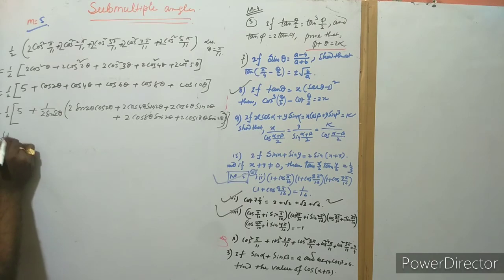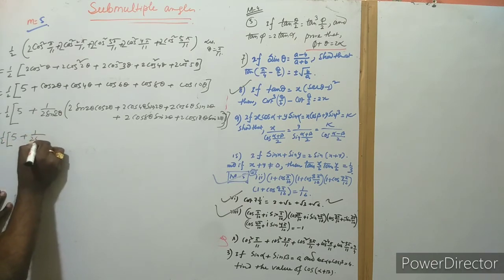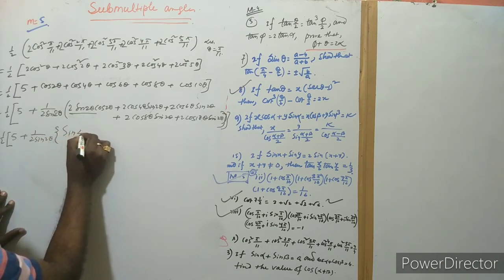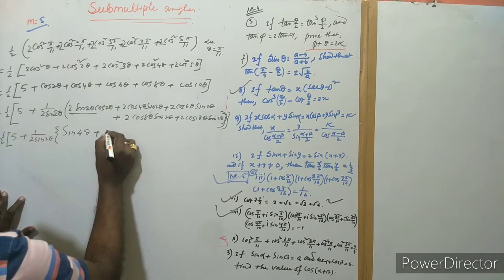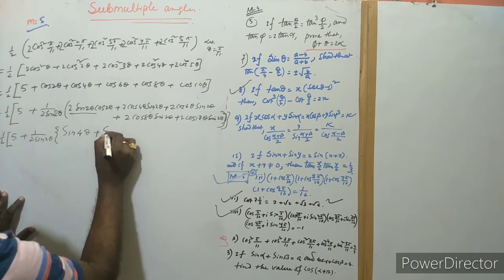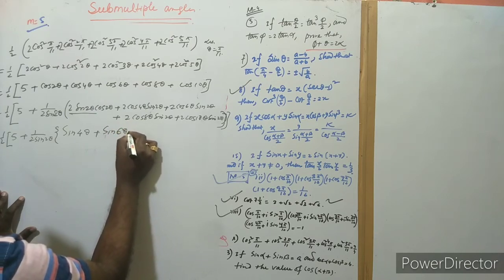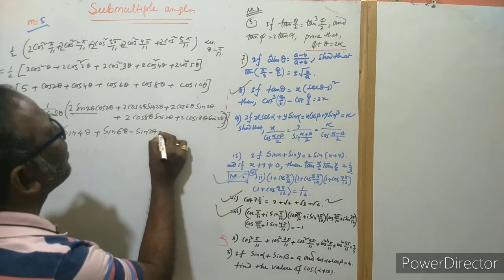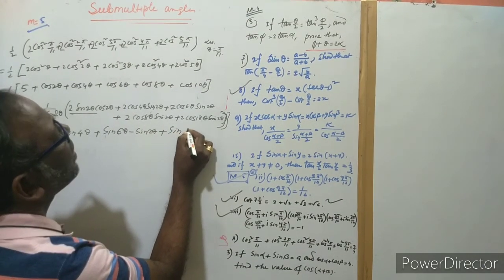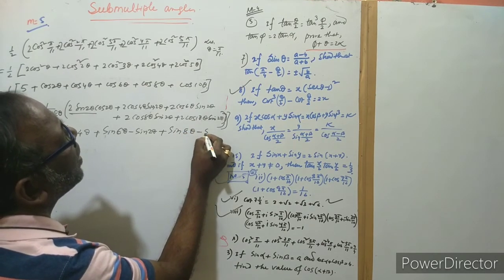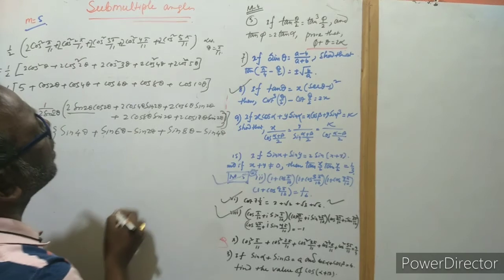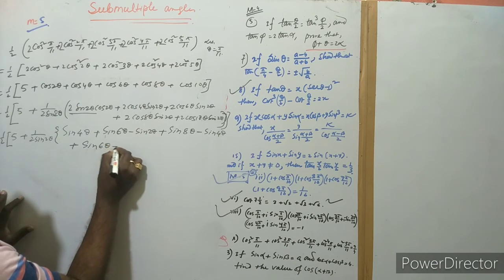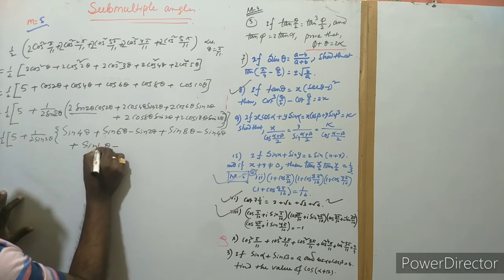This is 1 by 2, 5 plus 1 by 2 sine 2 theta, and now write here sine 4 theta, and sine 6 theta minus sine 2 theta, and sine 8 theta minus sine 4 theta, sine 10 theta minus sine 6 theta.